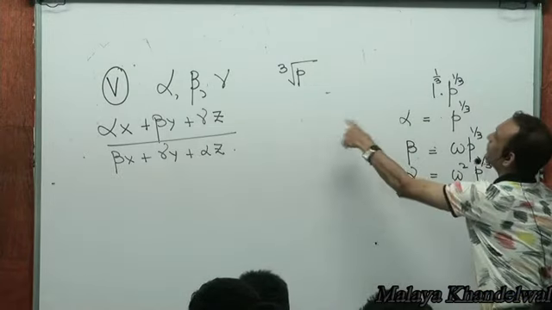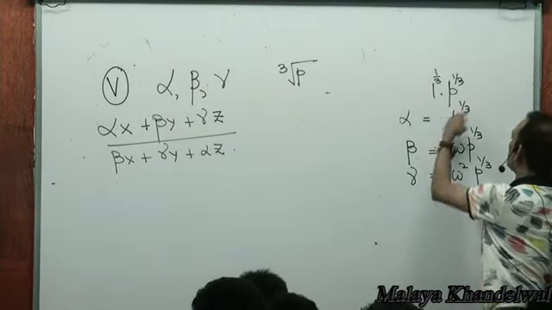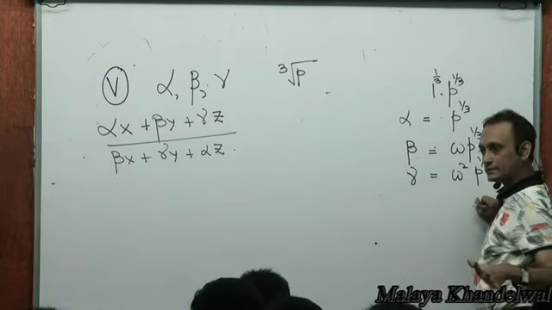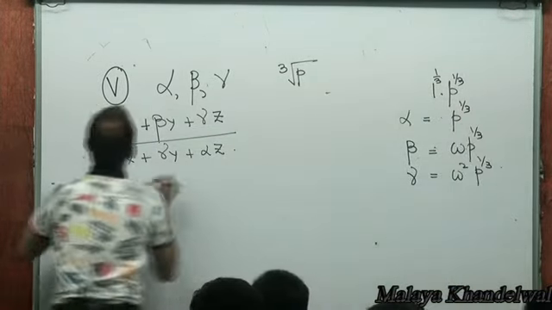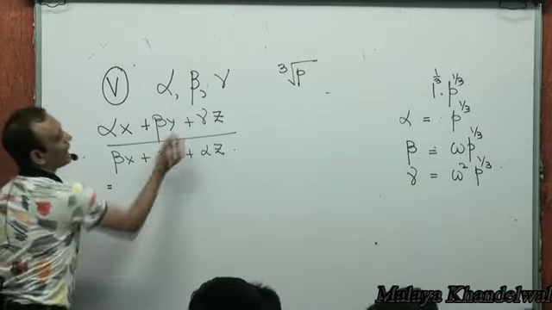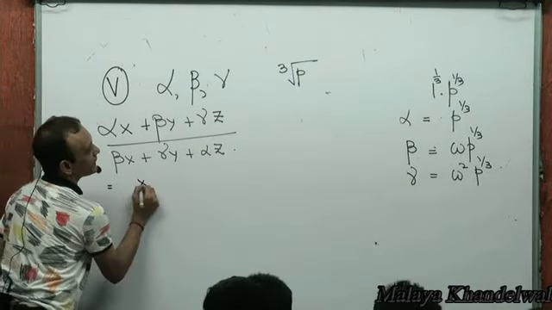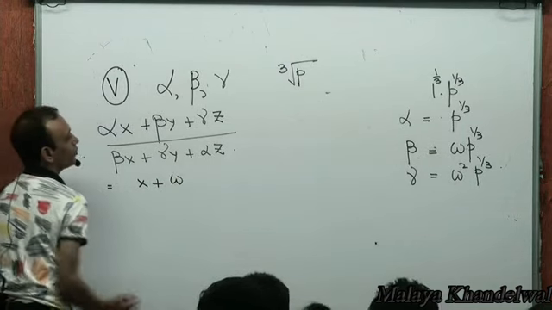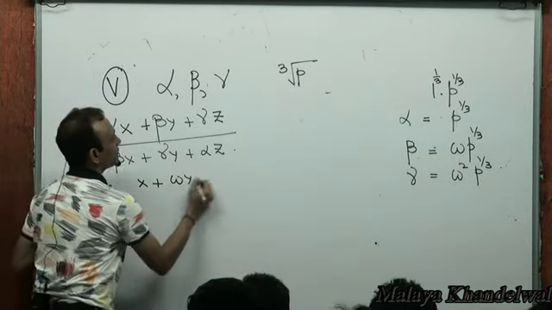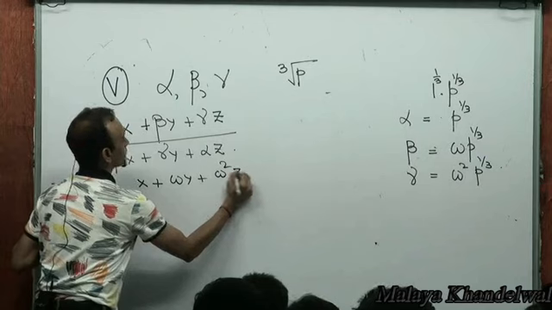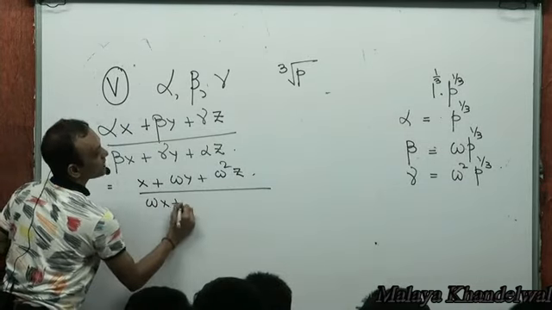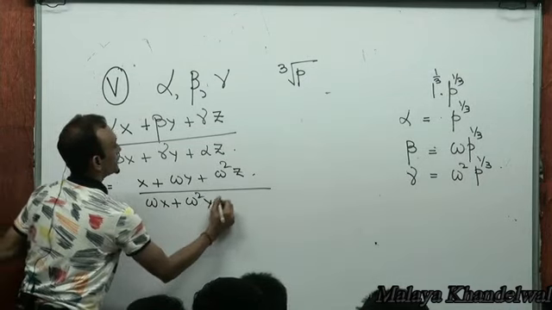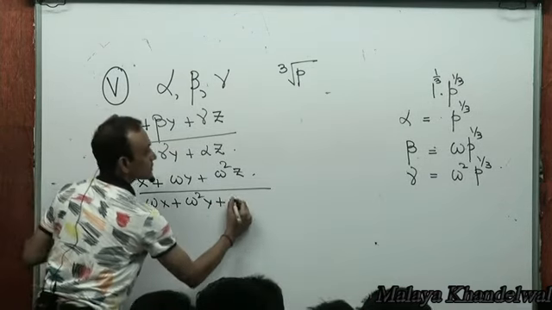So when I plug in alpha, beta, gamma in the numerator and denominator, P to power 1/3 will get cancelled. Right? So what we'll be left with is x plus omega y plus omega squared z, over omega x plus omega squared y plus z.